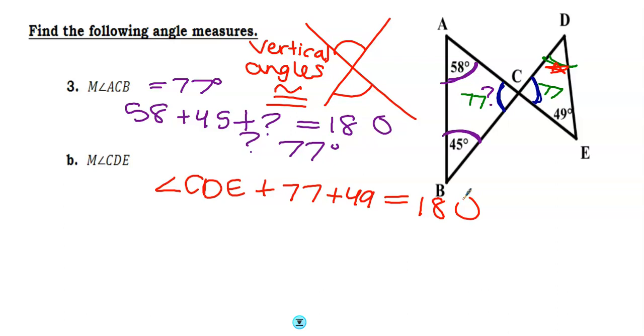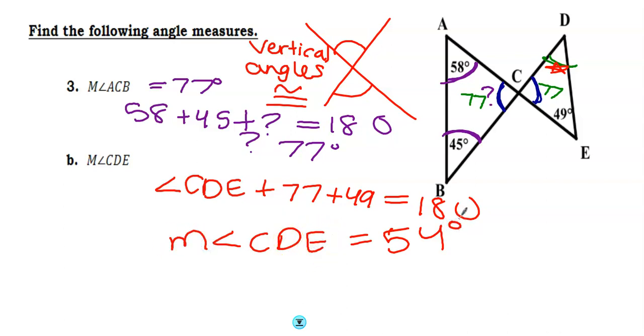So 180 minus 77 minus 49, and that equals 54 degrees. So the measure of angle CDE is 54 degrees, and the measure of angle ACB is 77.